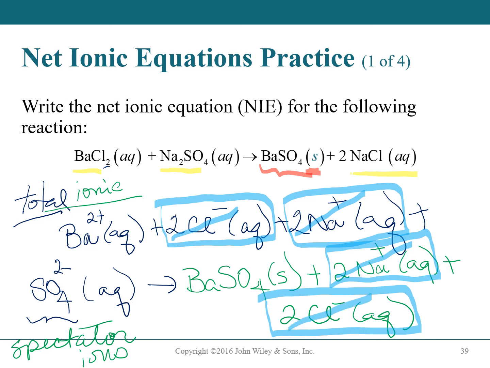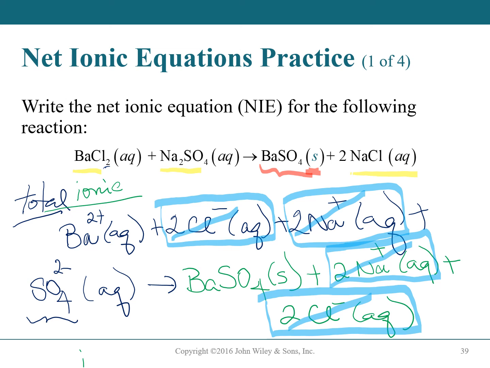Why am I crossing them out? On the total ionic, you leave them, but in the net ionic, we remove them. So in the net ionic equation, now that I have removed my spectators, and I'll write it up here at the top, it looks like this.